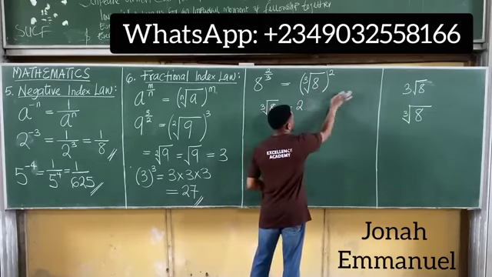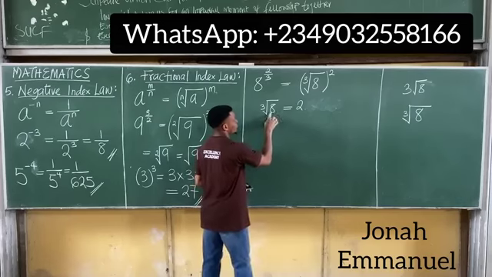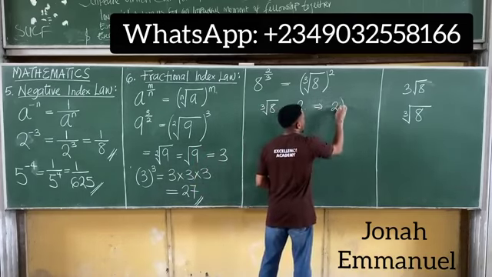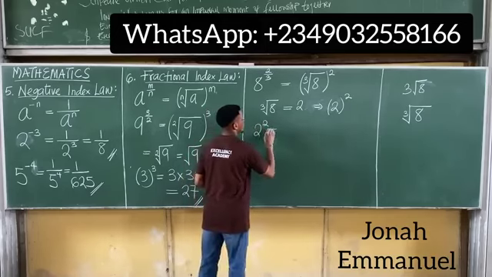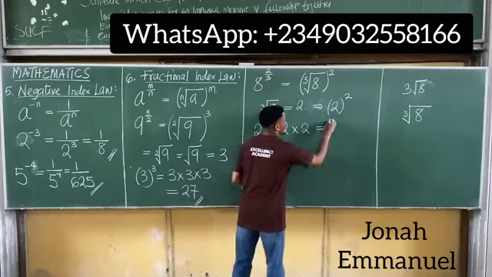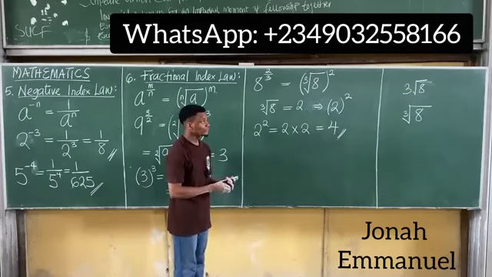That means the third root of 8 is 2. Now we'll raise this, so the third root of 8, which is 2, we'll now raise 2 to power 2. So 2 to power 2 is equal to 2 times 2, which is equal to 4. I have this. So this is how we simplify this.